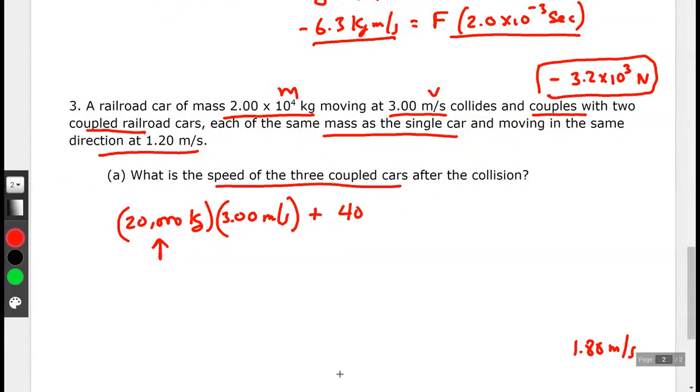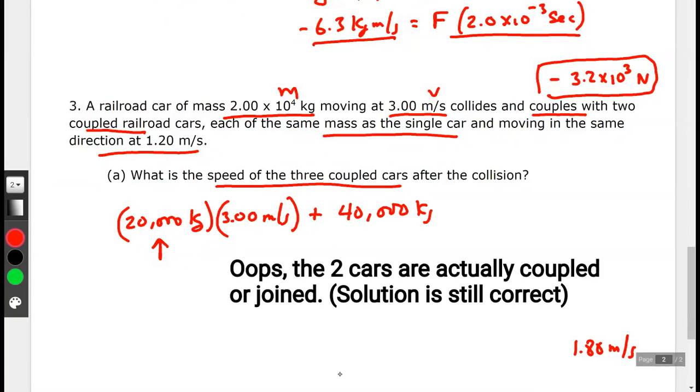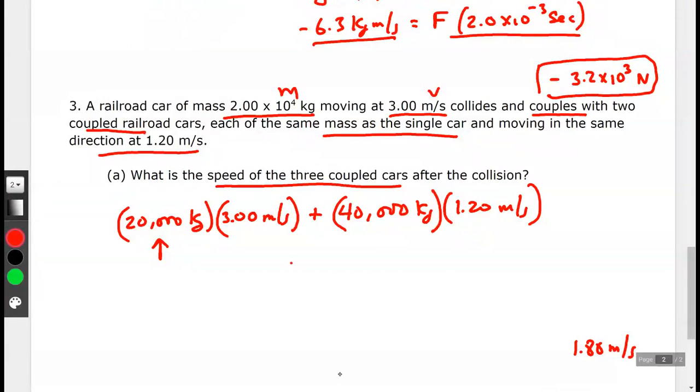Now the two cars are just the same mass as this. I'm going to combine them and find their combined momentum, even though they're not joined. Rather than do it twice, I'll just do it once. Each car is 20,000, and we're told it has a velocity of 1.2 meters per second. That's the total momentum before. They combine, all three cars.